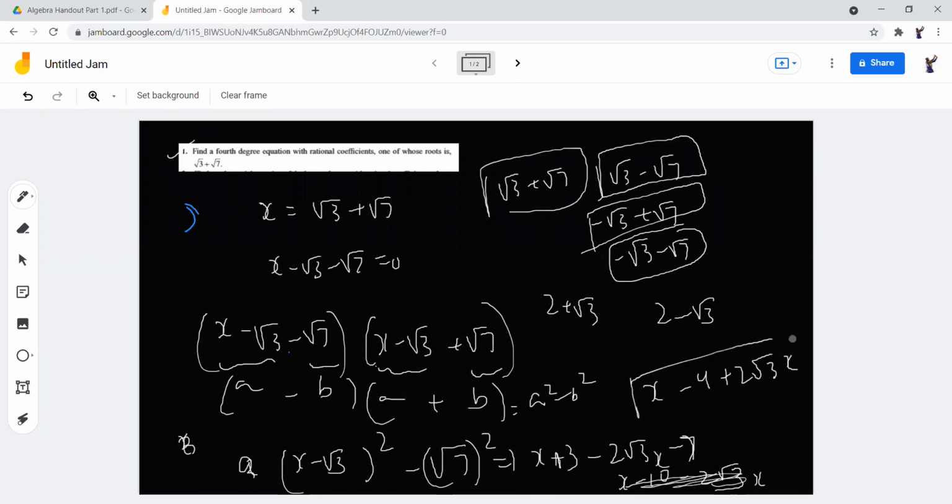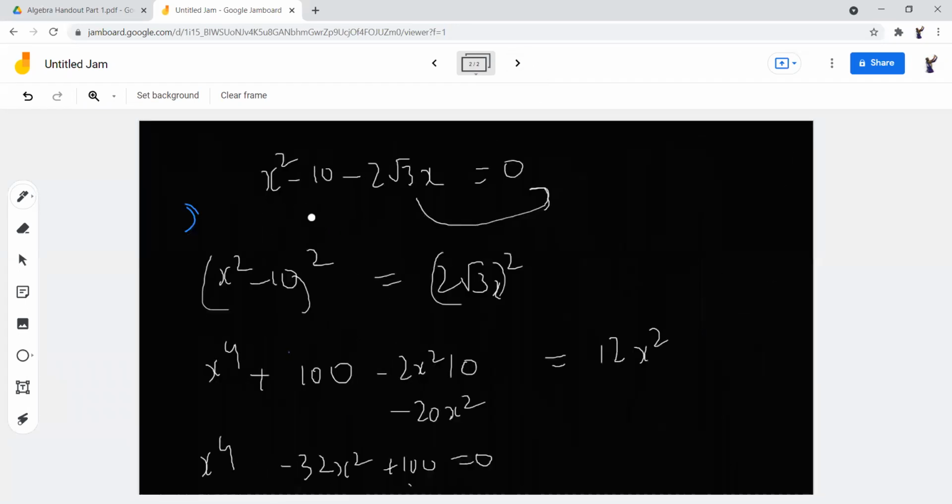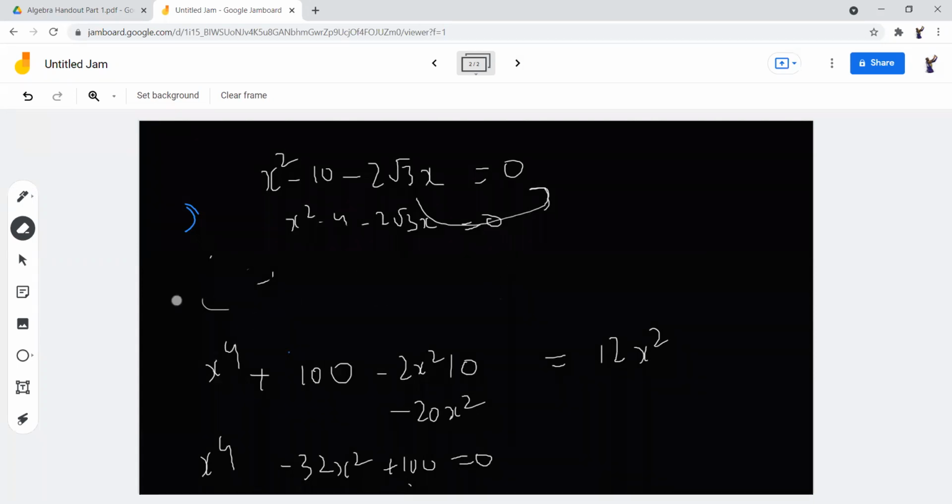So sorry, this is x square. So x square minus 4 minus 2 root 3x equals 0. And then all this part won't be there. Now it becomes x square minus 4 equals 2 root 3x.